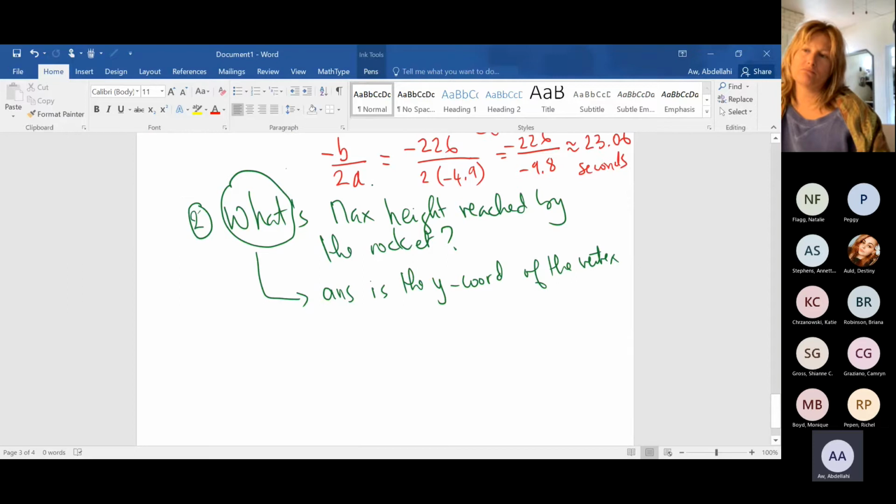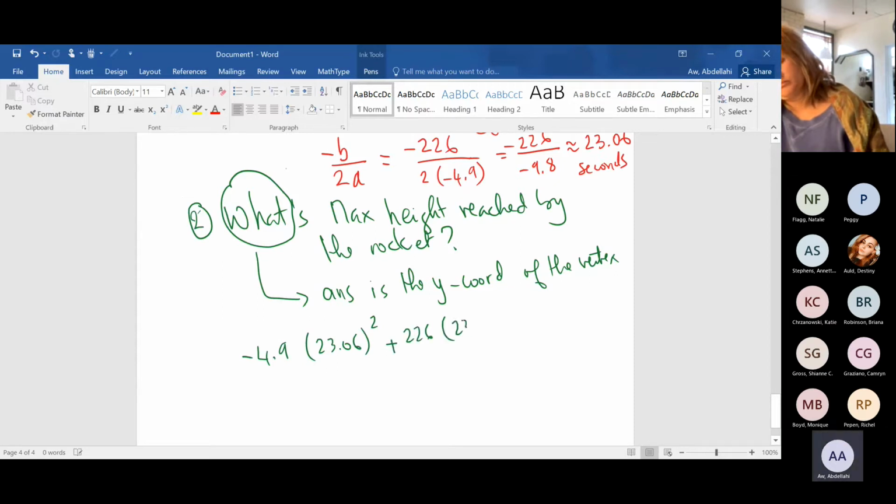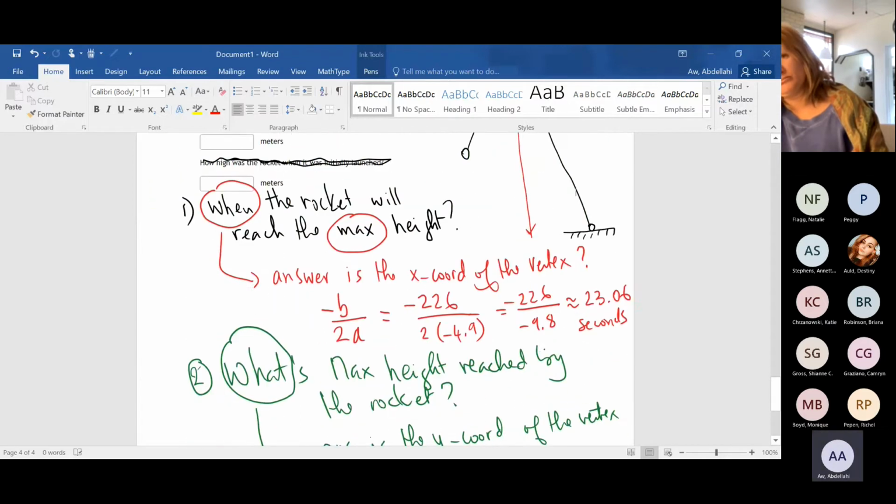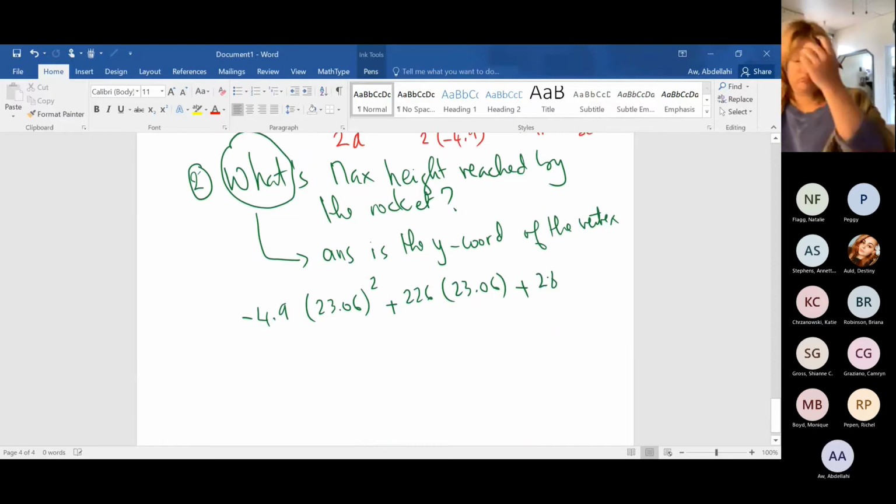The equation is negative 4.9 times 23.06 squared plus 226 times 23.06 plus 283. And then we do the math. If you have a calculator, do it at the same time as me so we can compare our answers.